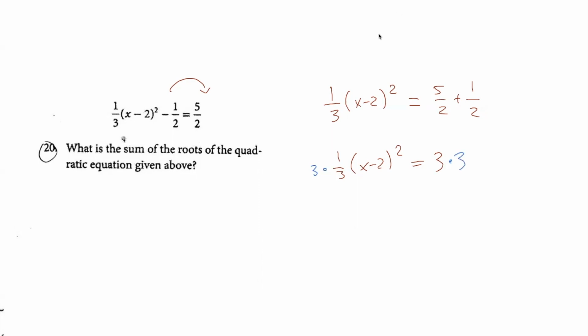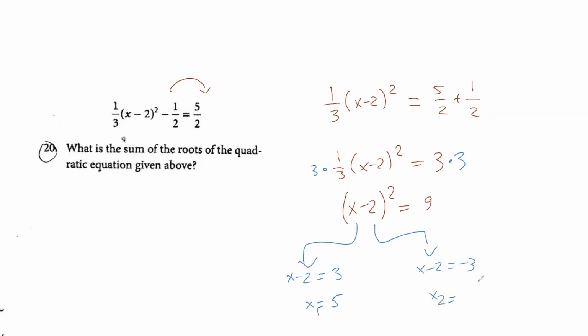We will get x minus 2 square is equal to 9. So what squared is equal to 9? x minus 2 is either 3 or it is minus 3, because 3 and minus 3 squared both are equal to 9. x is equal to 5, let's say the first root, and the second root is minus 3 plus 2, which is minus 1. What's the sum of the roots of the quadratic equation? So 5 plus minus 1, that is 4.